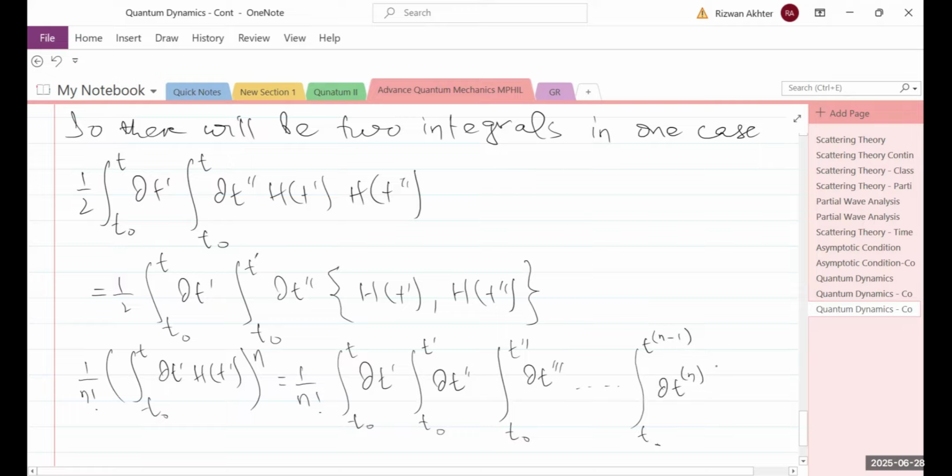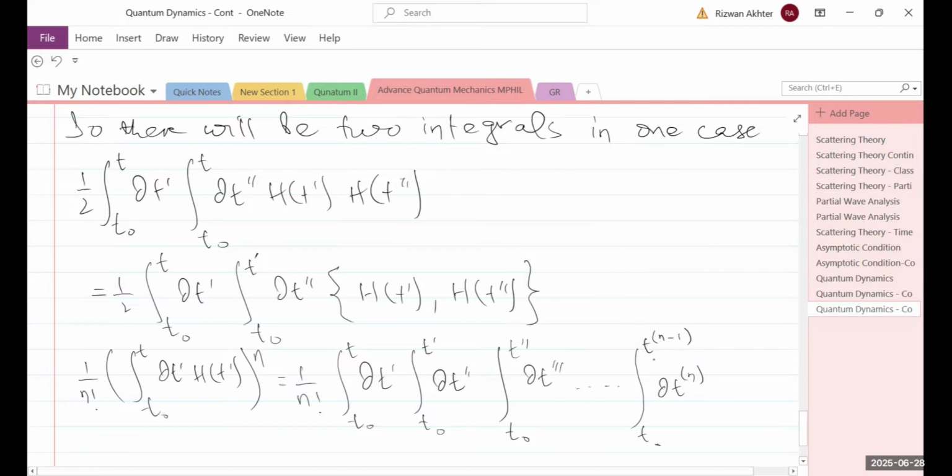ब्रैकेट में लगा रहा हूँ, इसका मतलब नंबर ऑफ प्राइम्स कितने, जो अगर आप लिमिट्स को देखें तो यहाँ डबल प्राइम है, तो यहाँ सिंगल प्राइम है, यहाँ ट्रिपल प्राइम है, तो यहाँ डबल प्राइम है. So if you go all the way to the nth integral, then that would be dt n, with the upper limit being t to the power n minus 1 primes.